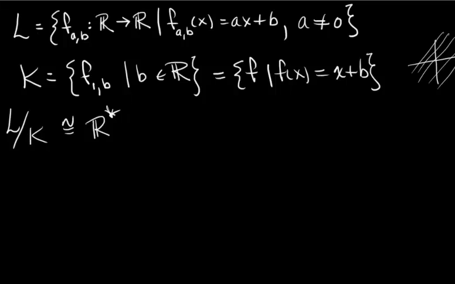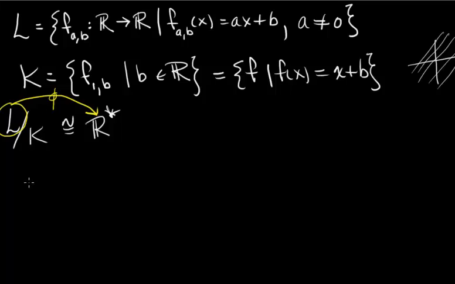So in order to prove this, we're going to need to have a map phi that will map L onto R star, so that R star is the image of phi, and we're going to have to prove that its kernel is, in fact, this set of linear functions with the coefficient of x being 1.